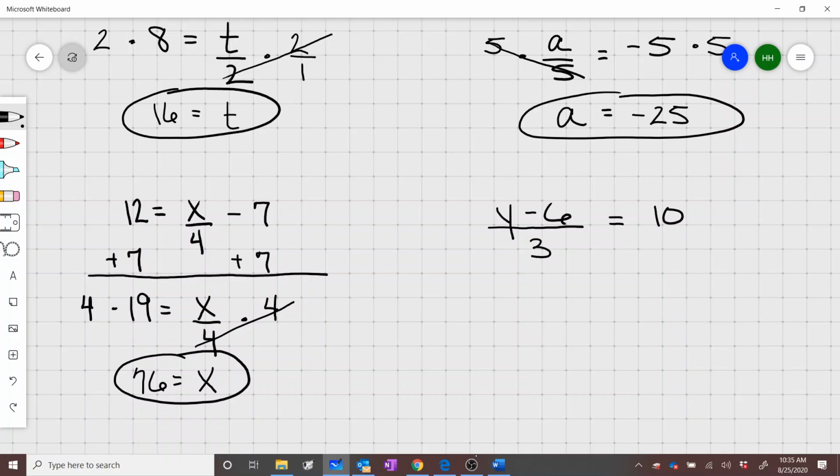Now, do you see how this looks a little bit different? Right up here, in this first example we did, the t was by itself, wasn't it? And the a was by itself. And then the x was by itself. But now the y isn't by itself, is it? The y has a minus 6 attached to it.